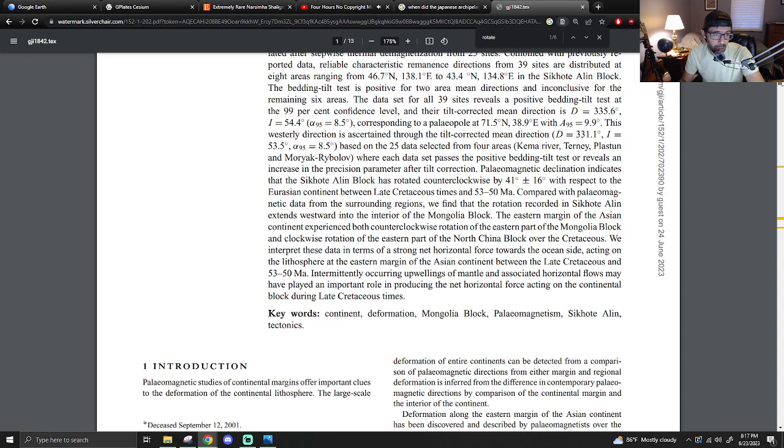Rotation recorded extends westward into the interior of the Mongolia block. The eastern margin of the Asian continent experienced both counterclockwise rotation of the eastern part of the Mongolia block and clockwise rotation of the eastern part of the North China block over the Cretaceous.